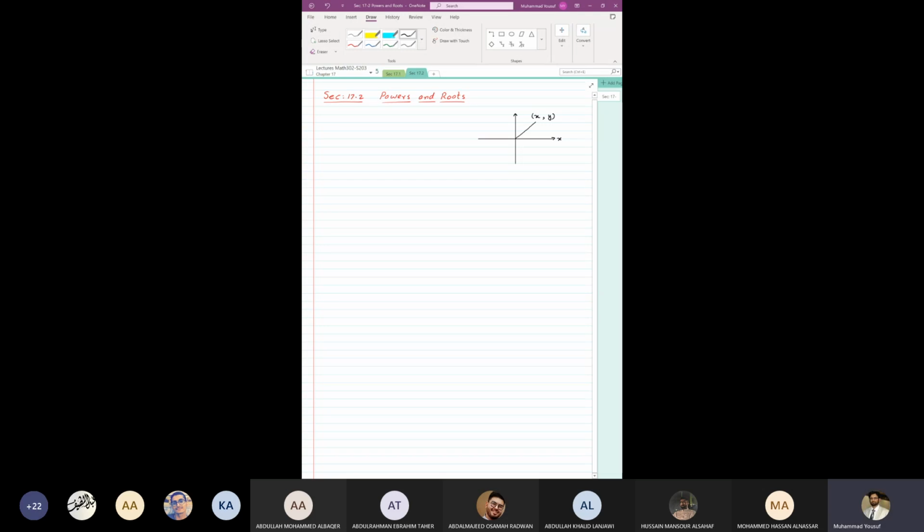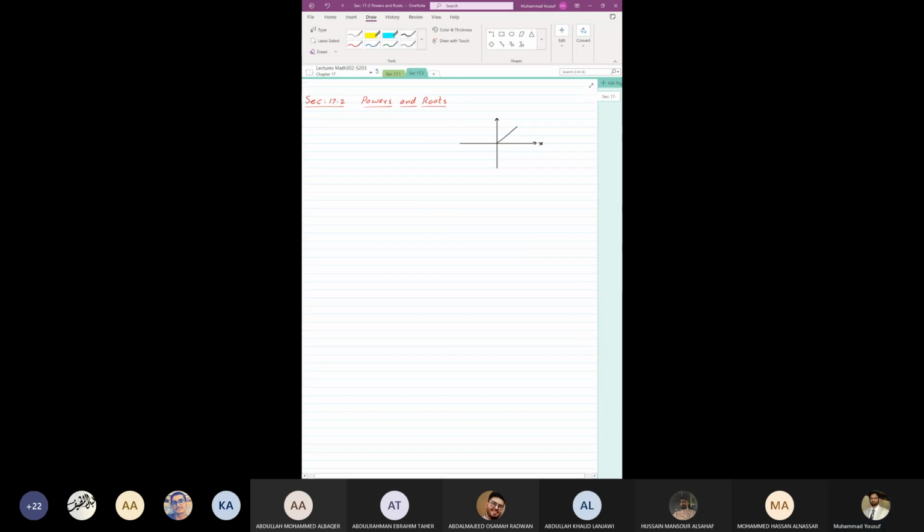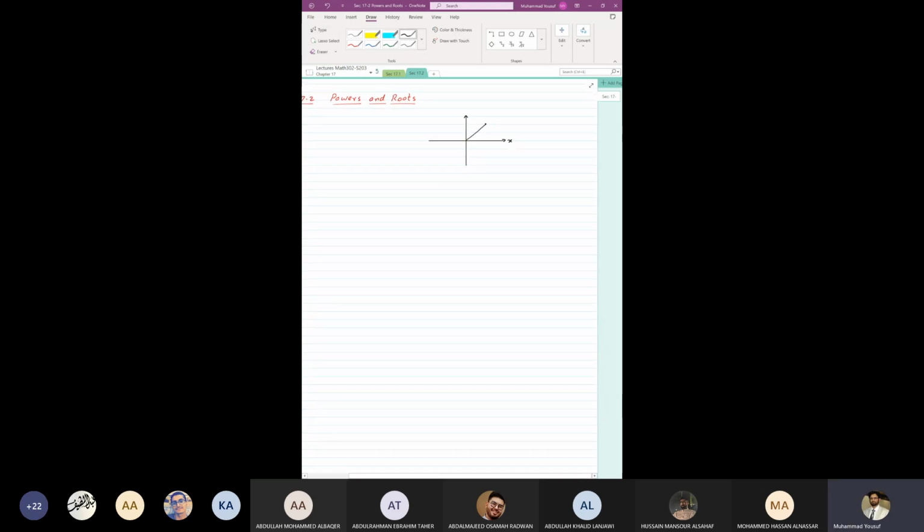So if we write it in the real plane, we will write x comma y. But if we write this point in the complex plane, we will write it as z equal to x plus iy.